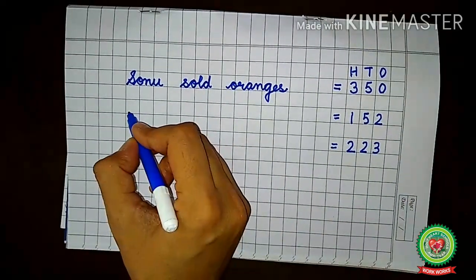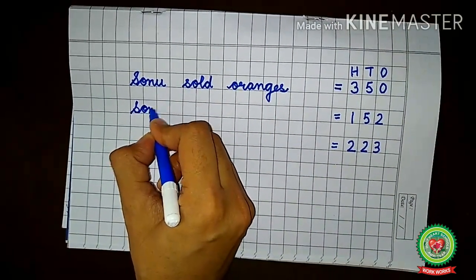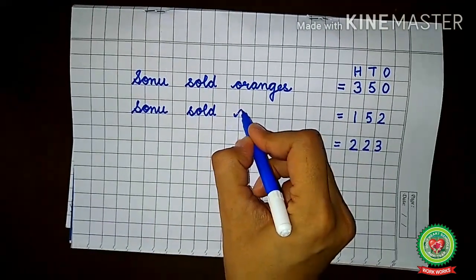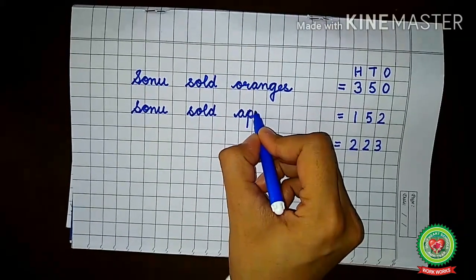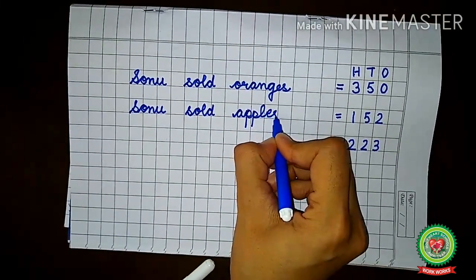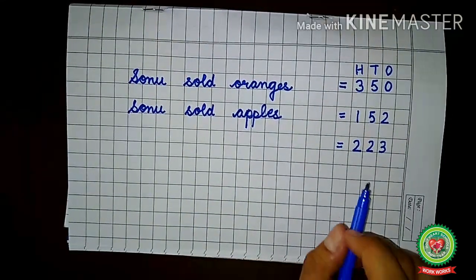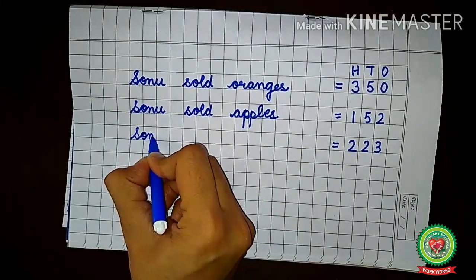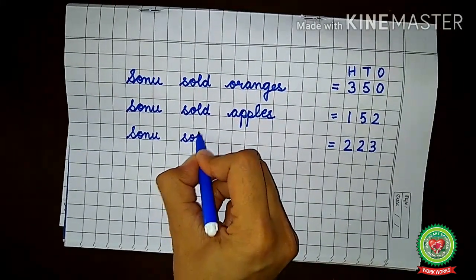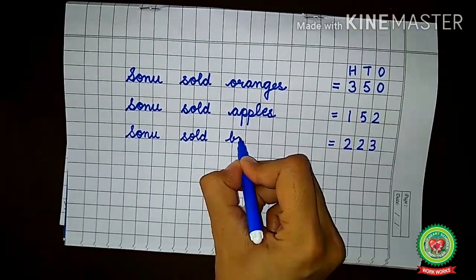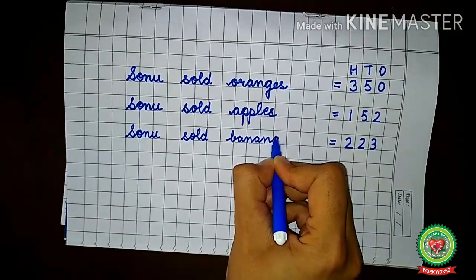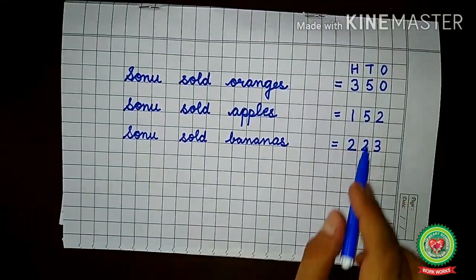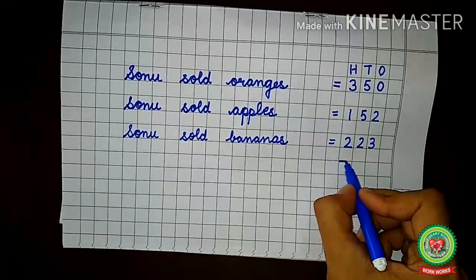Second statement will be Sonu sold apples. How many apples? 152. Next is he has sold bananas, 223. Sonu sold bananas. How many? 223. You have to see that your is equal to comes in one line and the proper sum should be there.